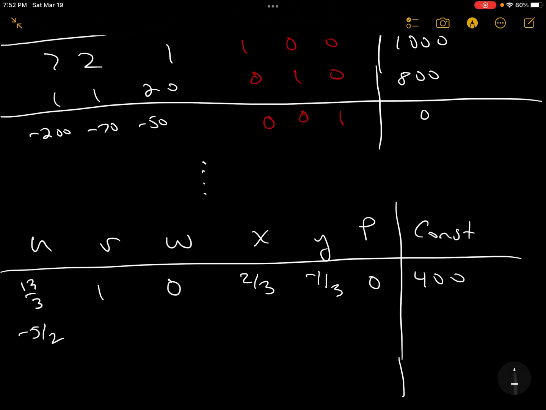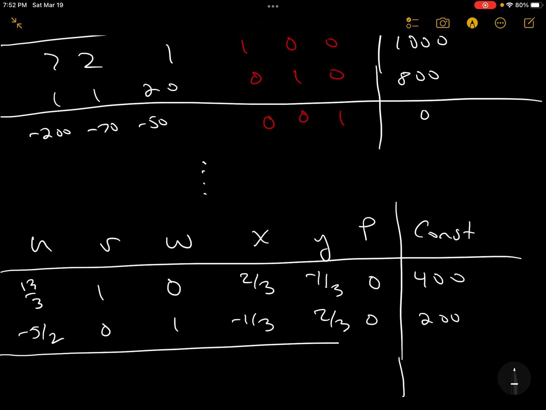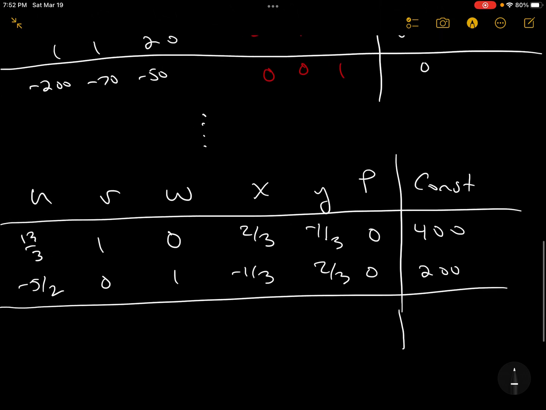So this is minus 5 halves, 0, 1, minus a third, 2/3, 0, 200. And then lastly, you get a 20 here, 0, 0, 30, 10, 1, 38,000.